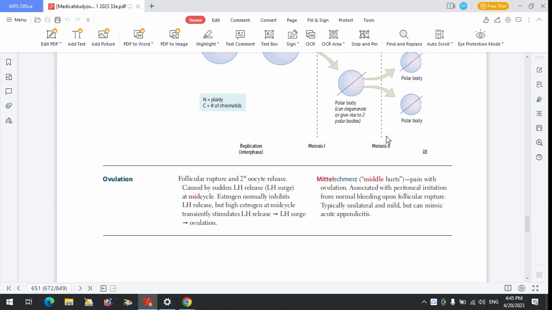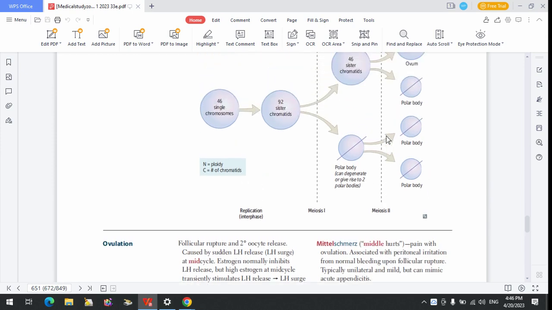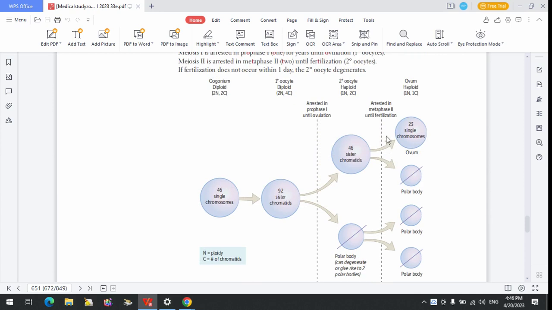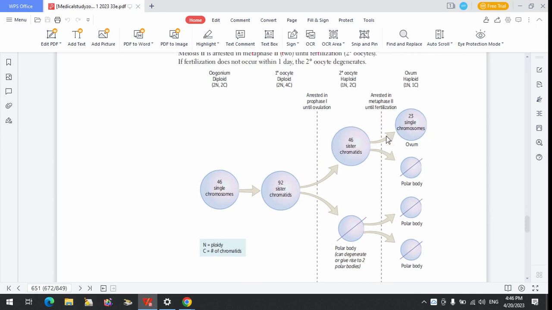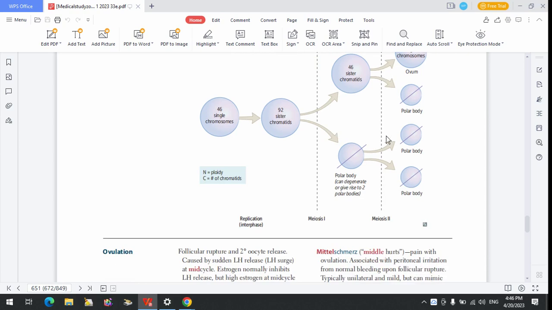These follicular cells consist of the outer theca cells and the inner granulosa cells. Inside them you have the oogonium, primary oocyte, secondary oocyte or ovum, depending on the stage.